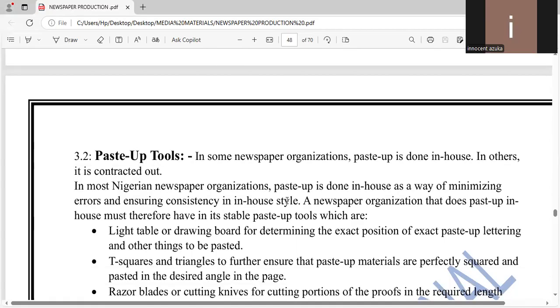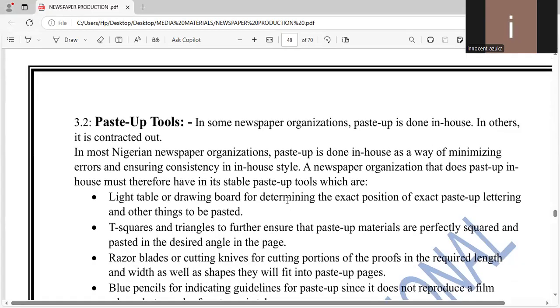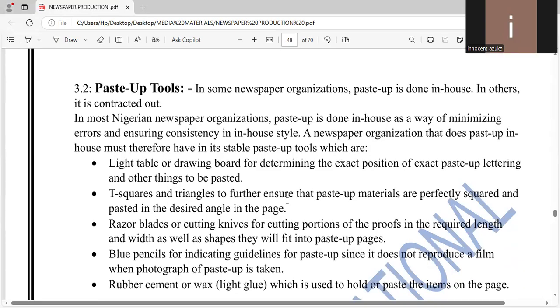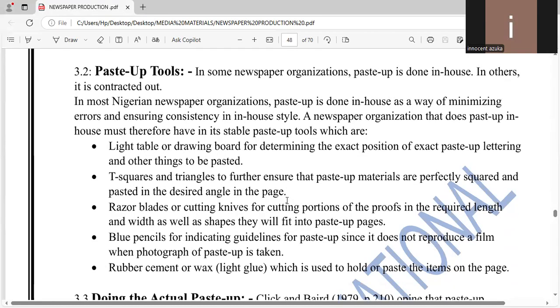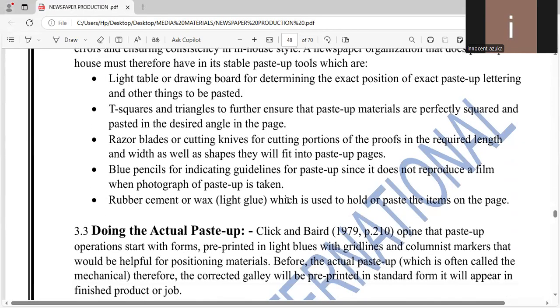Most Nigerian newspapers do paste up in house as a way of minimizing errors and ensuring consistency in house style. So an organization that does paste up in house must therefore have its stable paste up tools, which are light table or drawing board, T-square, triangles, razor blades or cutting knives, blue pencil for indicating guidelines, rubber cement or wax, or light glue, which is used to hold or paste the item on the page.